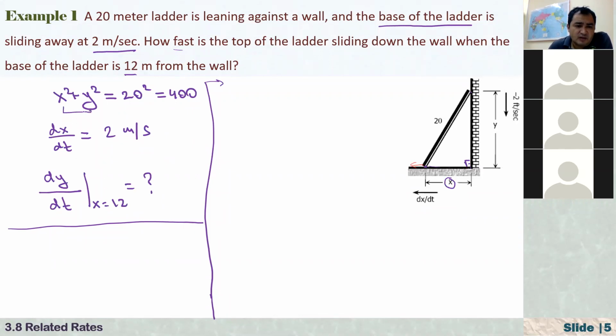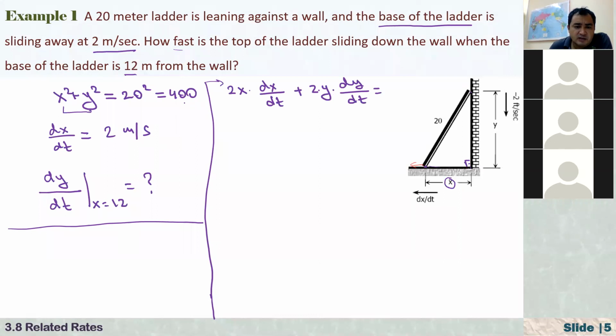Here, x is a function of t, y is a function of t. Now, if you differentiate both sides, what do we have here? Here we have 2 times x times, now differentiate x with respect to t, that is dx/dt. Plus, how about y? Here we have 2 times y, where y is a function of t, so we have dy/dt.